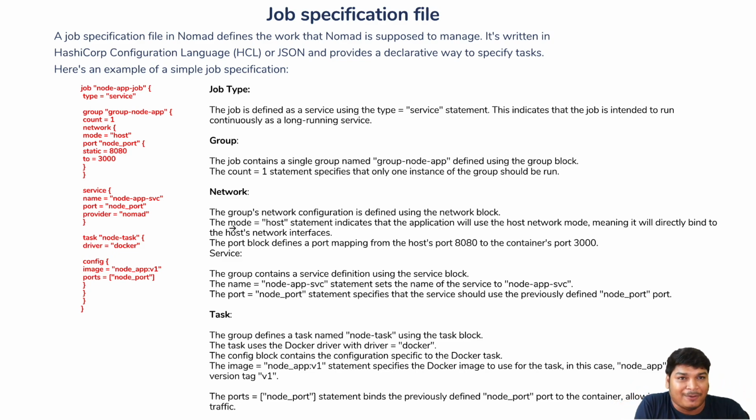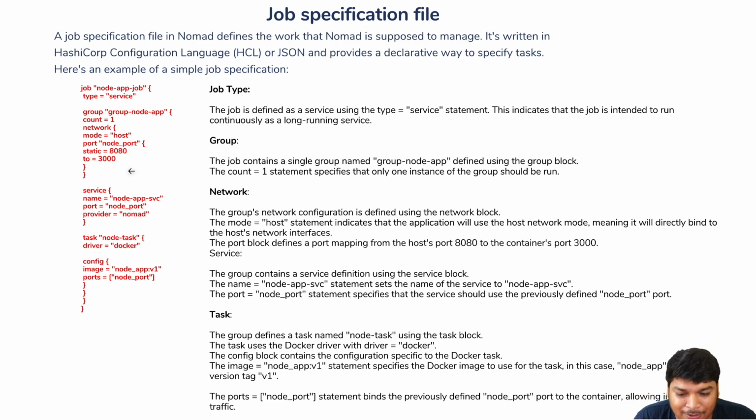So that mapping part we are doing with the help of this port block. You can see static means the host fixed port number, and 'to' is equal to 3000 means we have specified container port 3000, so that our host 8080 maps to the container 3000 port. That's what it means.